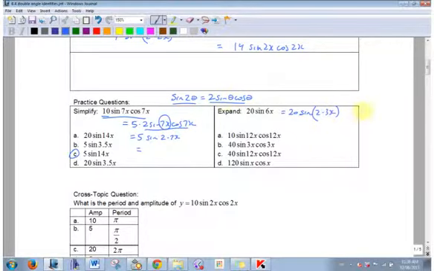Theta here is 3x. So that's the same as 20 times 2 times sine of theta cosine of theta. And that looks like B.